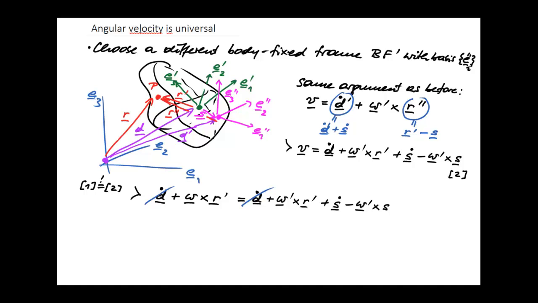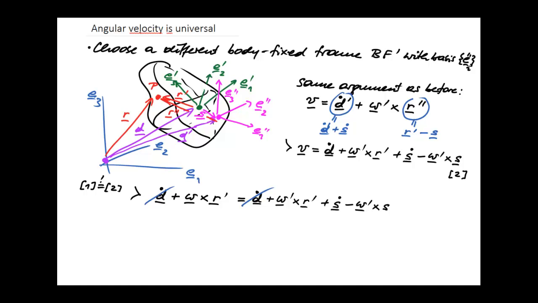And the important requirement here is that this equality must hold for any point P that I choose. And hence it must hold for arbitrary vectors r prime. So I can pick an arbitrary point P in the rigid body with position vector r primed in the original body fixed frame. And this equality must hold.